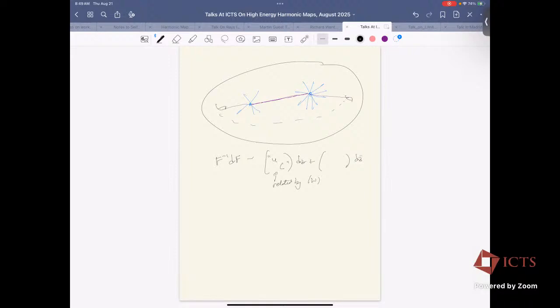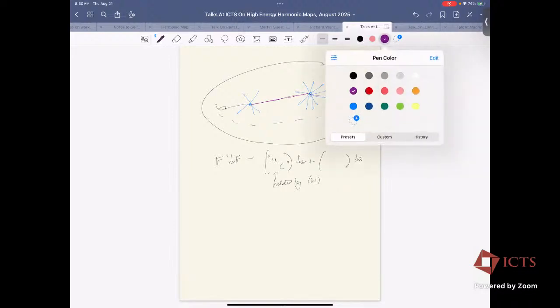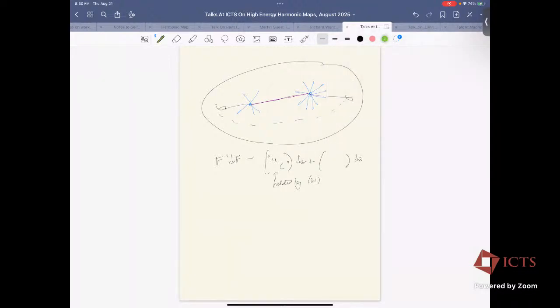Well, in this region, maybe I'll give it a name, the U0 region, C will be a constant, and this little u will be a constant. And so F inverse DF is constant.